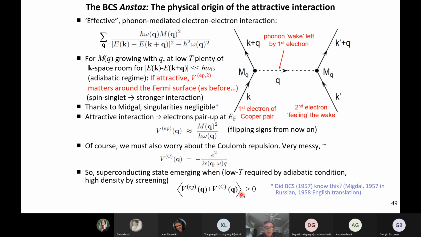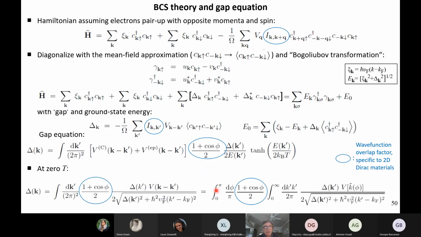We integrate over the Fermi surface, which is what this bracket means. Remember, I flipped the signs, okay? So as long as this is positive, which means the Coulomb repulsion is, of course, repulsive, but it's weaker than the electron-phonon interaction mediated by this process, then we will have the system to be a superconductor.